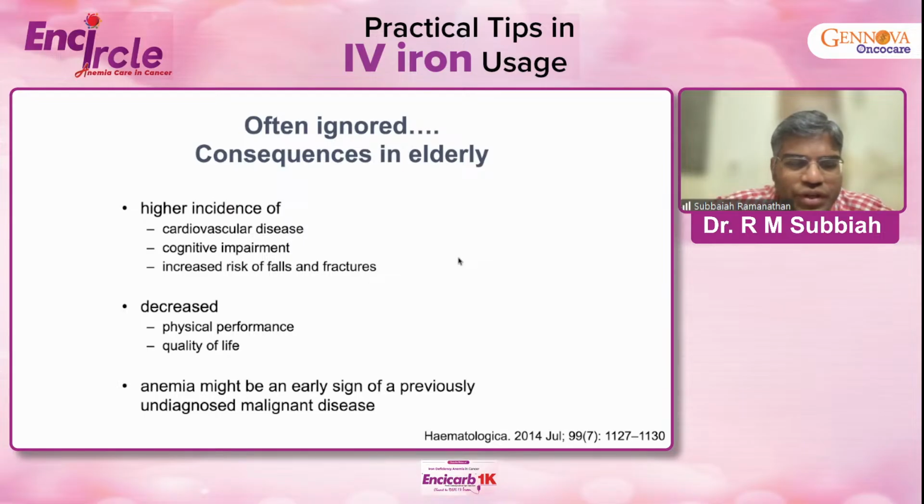In adults, we take less than 12 grams in females and less than 13 grams in males as anemia. In pregnancy, it's less than 11. One important thing is that this could be an early sign of a previously undiagnosed malignancy. So we need to evaluate anemia whenever we encounter it, and not ignore those abnormal values.